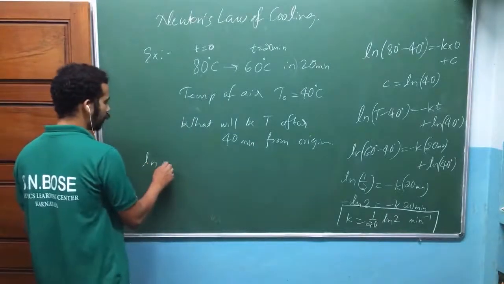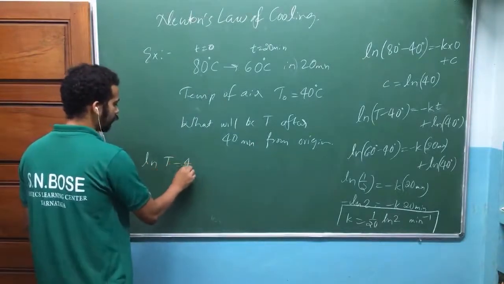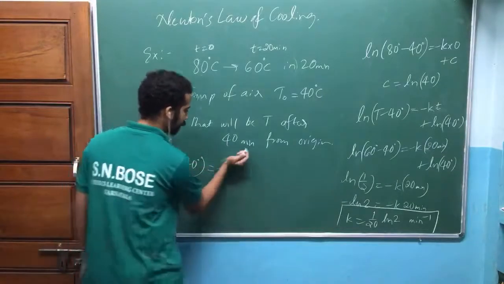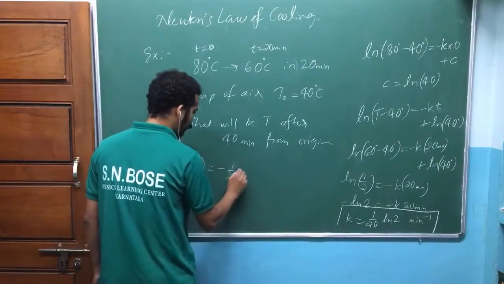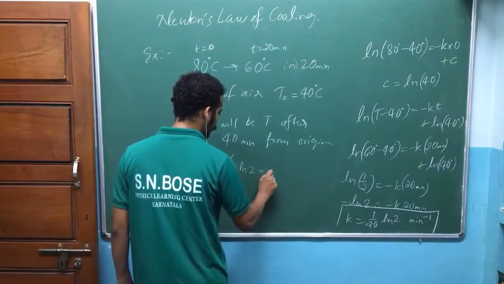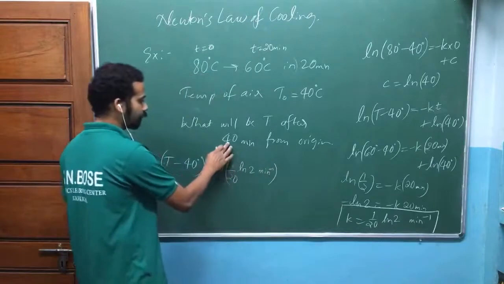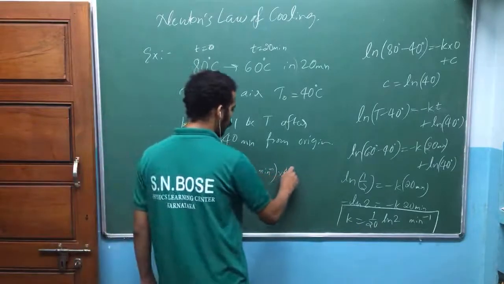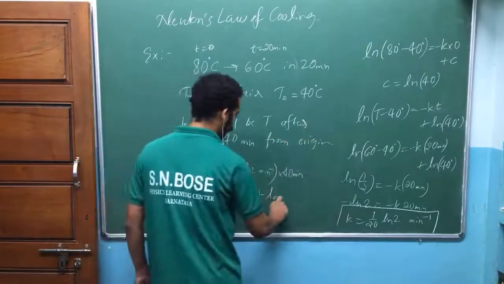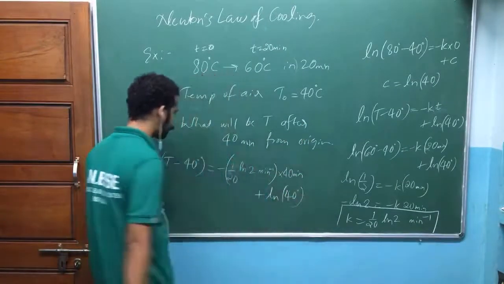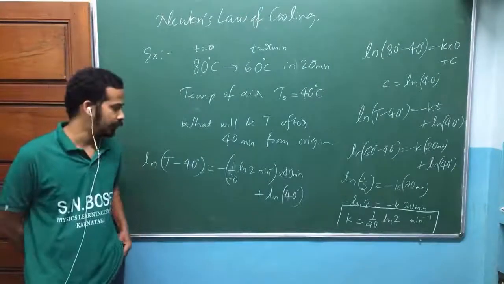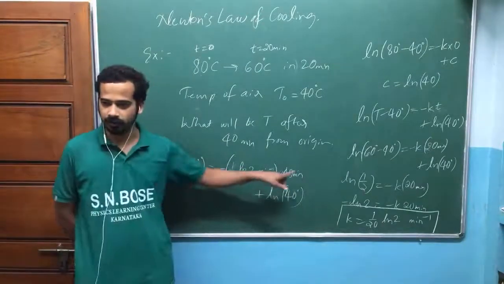Now what will be the T after? Now look here, log of (T minus 40 degrees) is equal to minus k. What is k? 1 by 20 log 2 per minute. So he is asking after 40 minutes, am I right? Into 40 minutes plus what was c? Log of 40. Per minute, minute got cancelled.